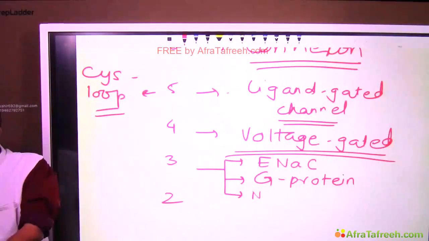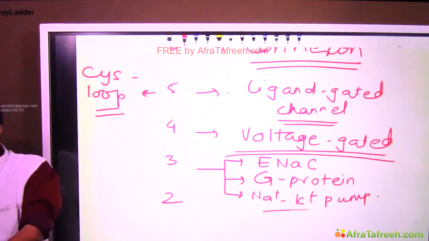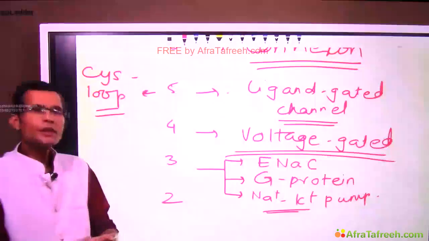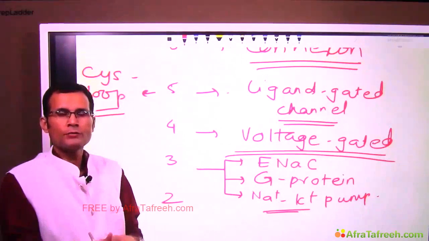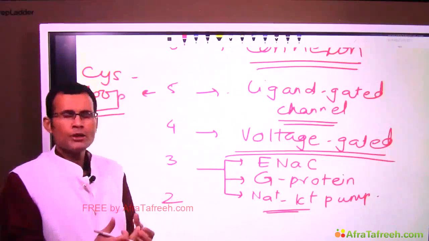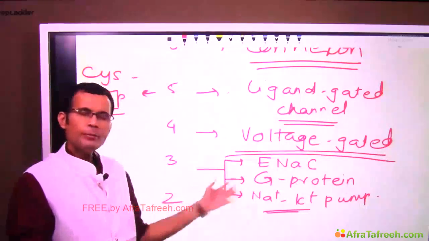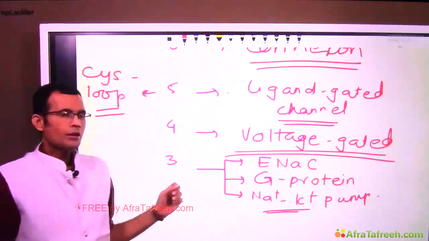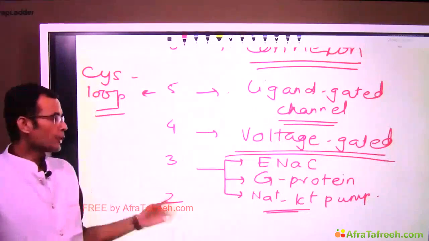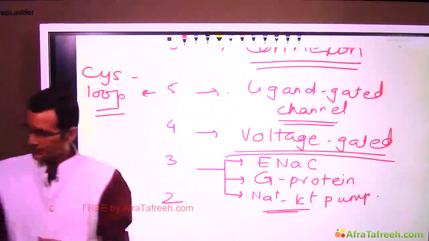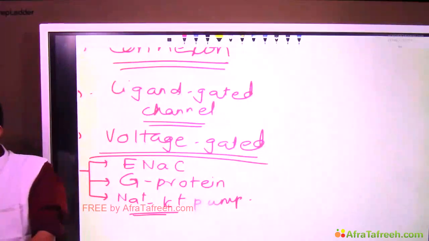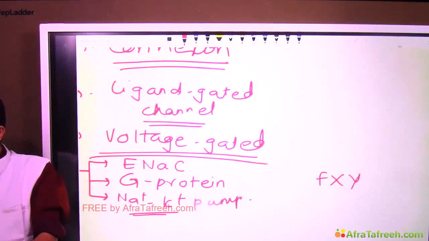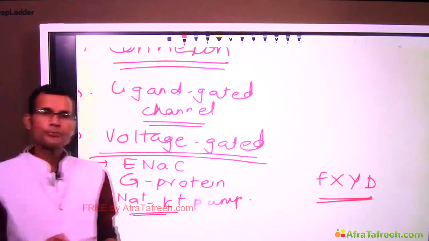Sodium potassium pump is a trimeric protein. Now that's debatable, because I am sure most of you have read the authors which have said sodium potassium pump has 2 subunits, alpha and beta. But recently another subunit has been discovered for sodium potassium pump, and that's the gamma subunit. And the gamma subunit has been said to belong to the category of proteins which are called FXYD proteins.